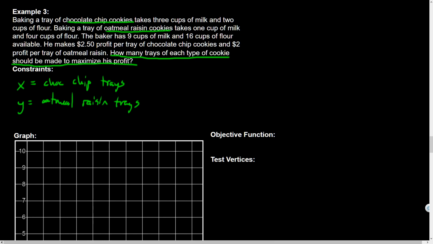In this case, each of these consumes some number of resources. We've got 3 cups of milk for the chocolate chip, and well, let's think of our milk constraint. And 1 cup of milk for the other, and they have a total of 9 cups of milk.